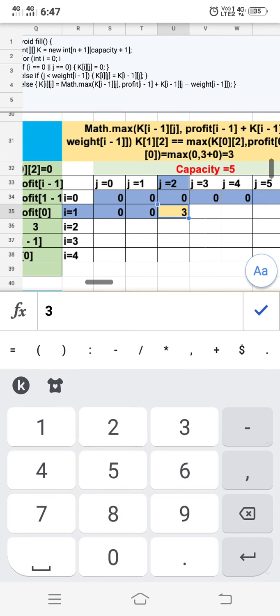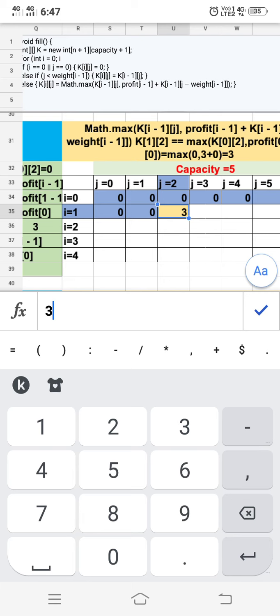So that means whenever the j value is not lesser than the current object's weight, I will be finding the maximum between the two values.